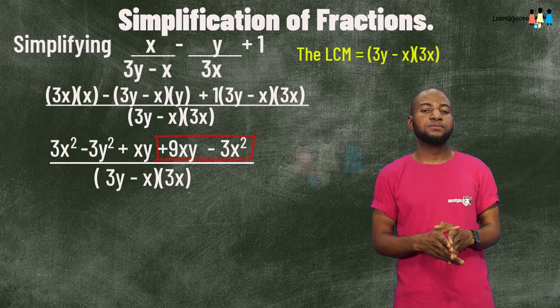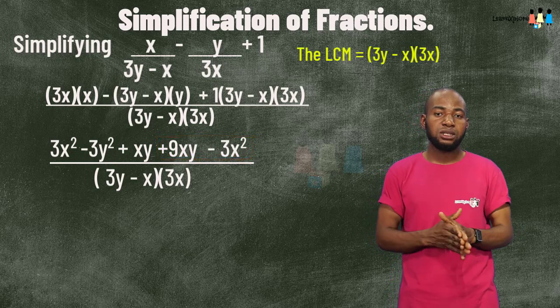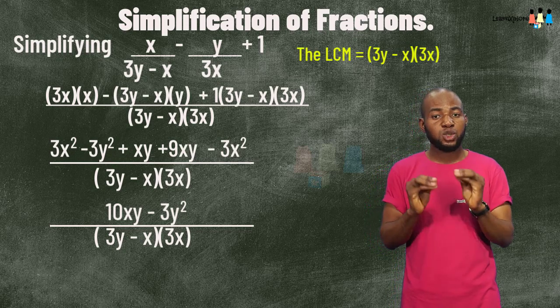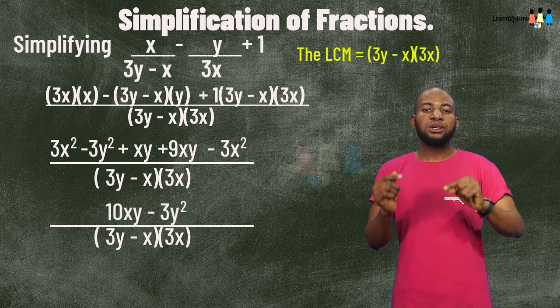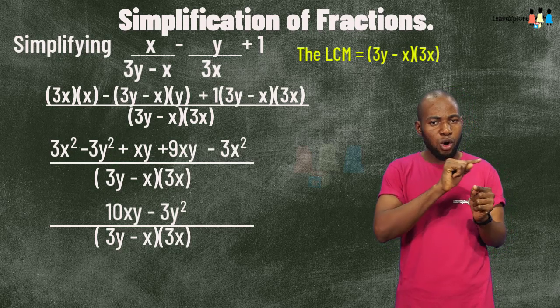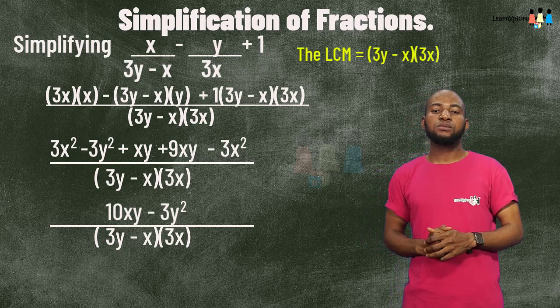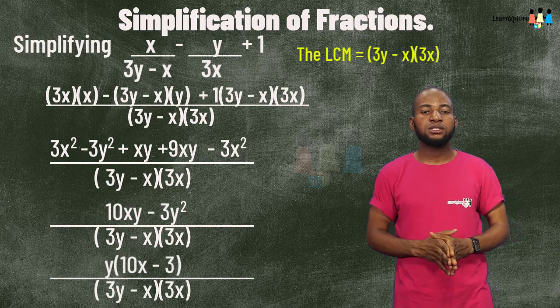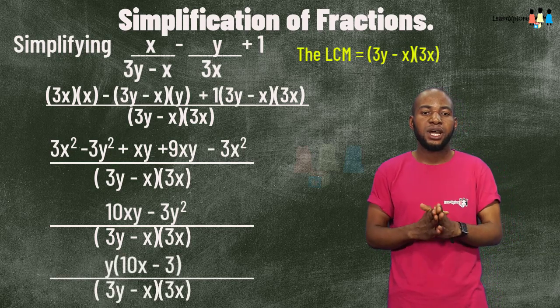Then I got this. Adding and subtracting the like terms, we have 10xy minus 3y squared all over the denominator. You can leave your answer like this, or you factorize it and you have this as the final answer.